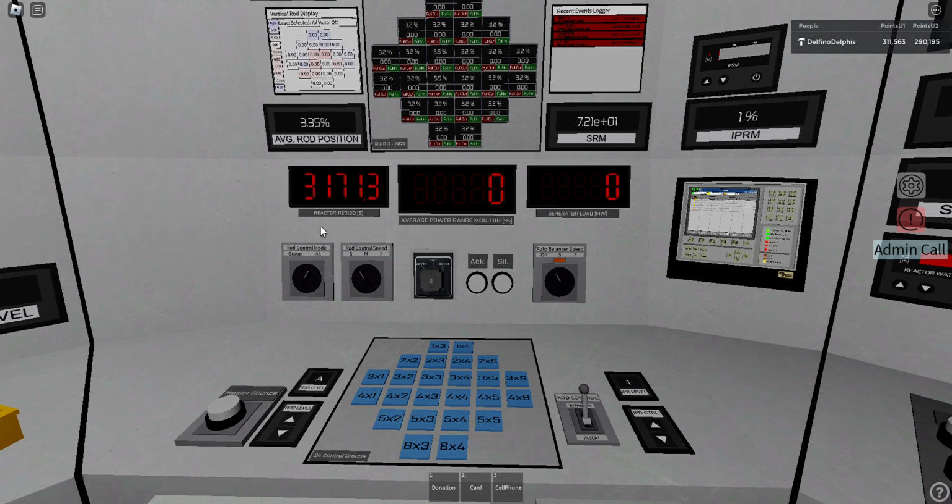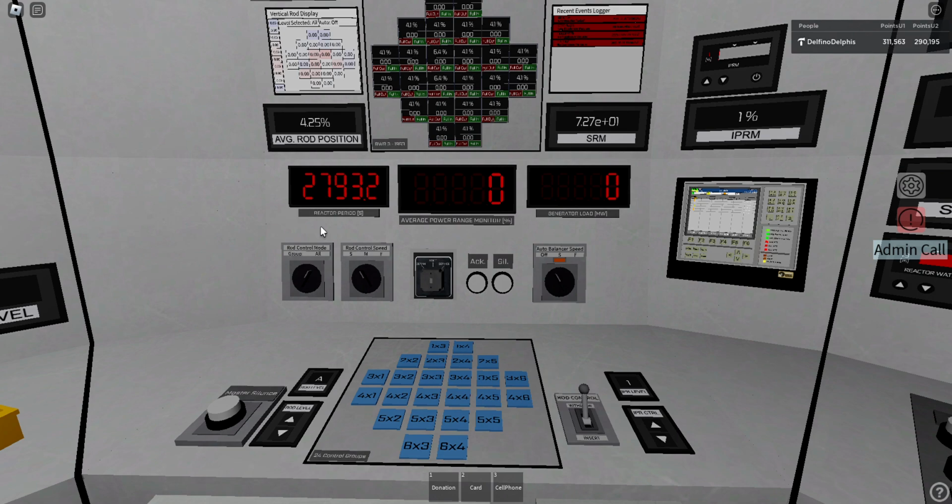So let's say you are at 30 seconds. It means that in half a minute the power of the reactor will rise by 3 times, and after another half minute it will rise by 3 times from what it has already gained. So it will be a total of 9 times, almost 10 times.